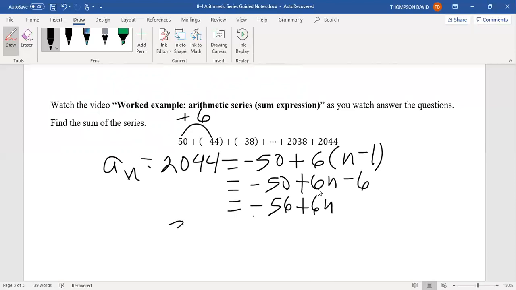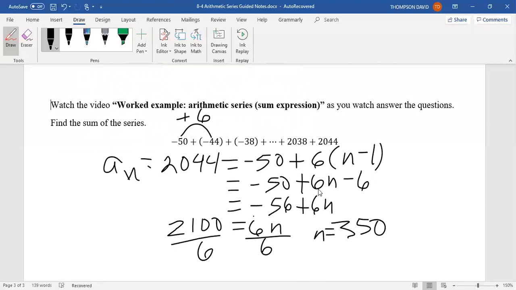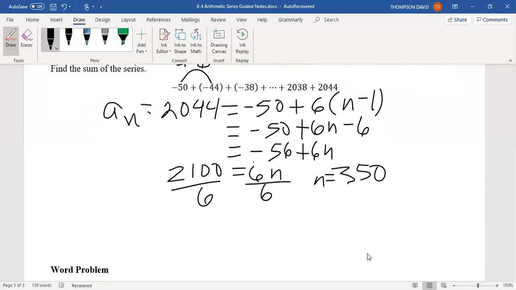So that would be 2100 equals 6n. Now just divide by 6. And we get n equals 350. So we know there's 350 terms.